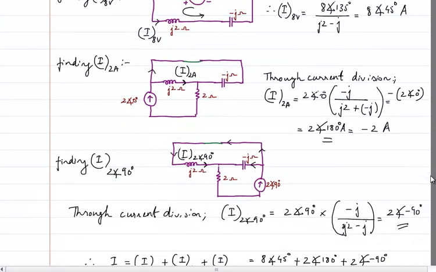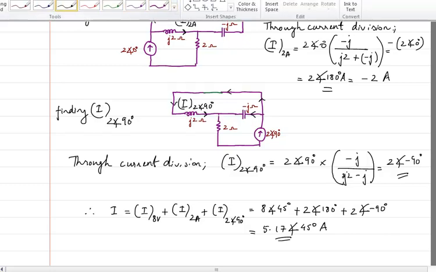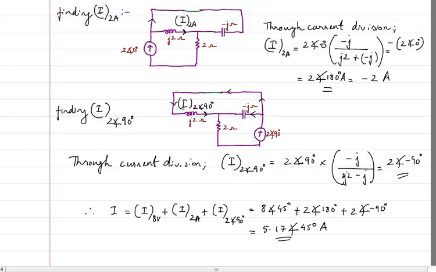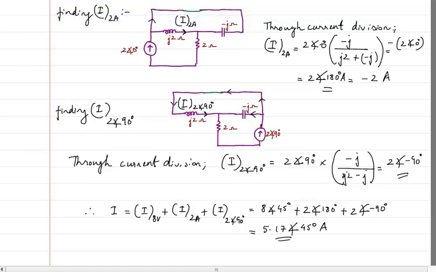Now let me again talk a little bit more about the angles. Suppose the direction of this one would have been opposite, that means here the direction, let me use the pen, here suppose the direction would have been like this, the current direction is opposite, then here the direction will be like this and here the direction will be like this. If that is the direction, then you can see that it will be all in the opposite direction.